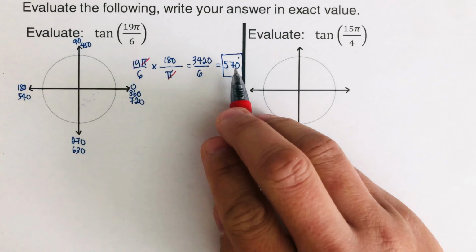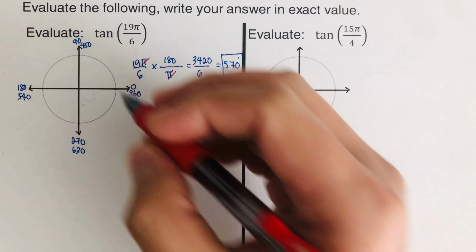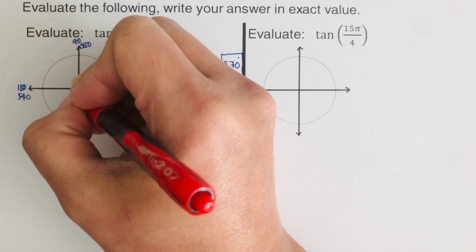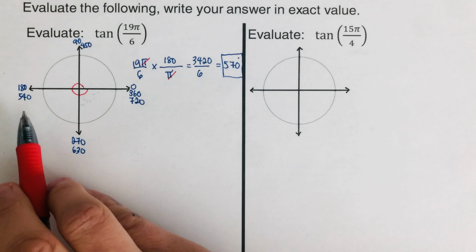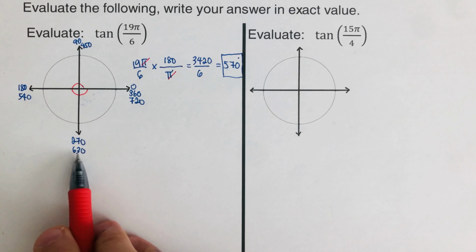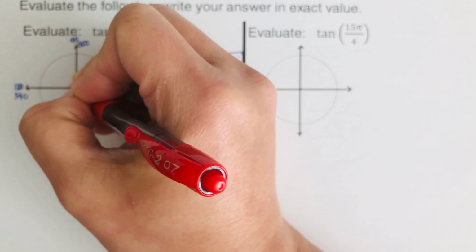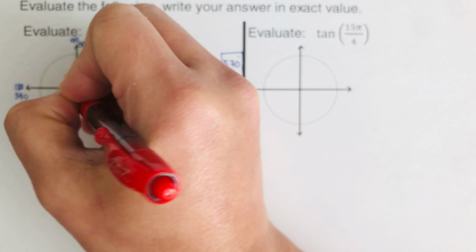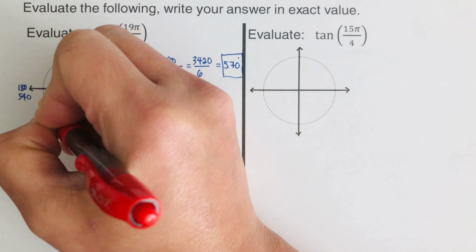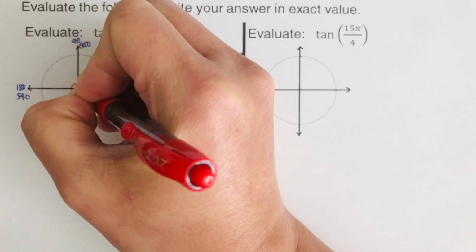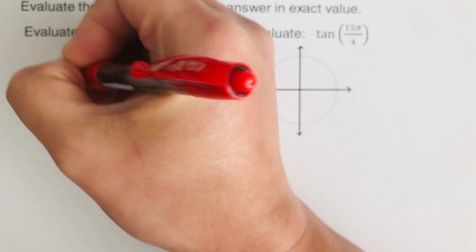Okay, so 570: one turn of a circle is 360, so 570 should be between 540 and 630. So then I can go ahead and approximate it to be somewhere around here. So this is 570 right here. So let's go all the way to 570 and label this as 570 degrees.